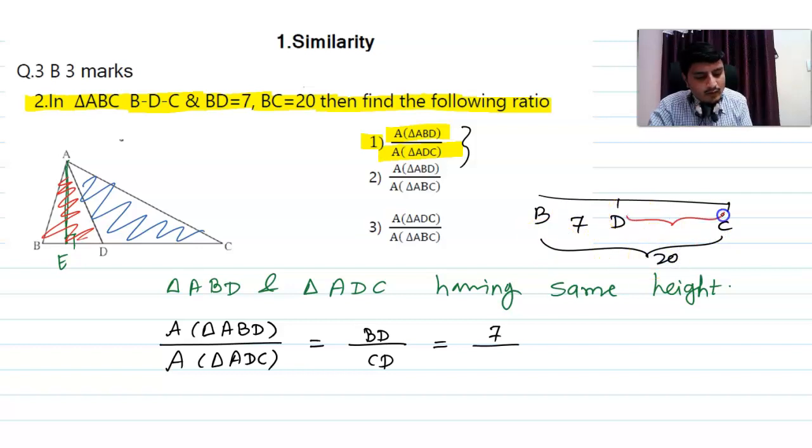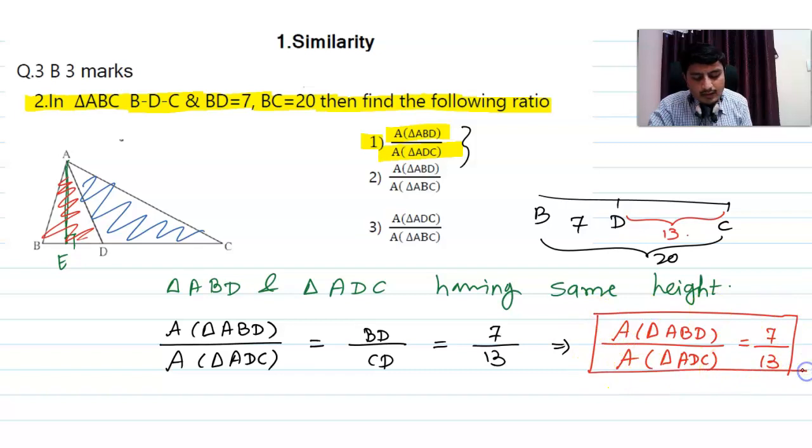So CD becomes BC minus BD, that means 20 minus 7, which is 13. So the value of CD is 13. That implies the area of first triangle ABD divided by area of second triangle ADC equals 7 divided by 13.